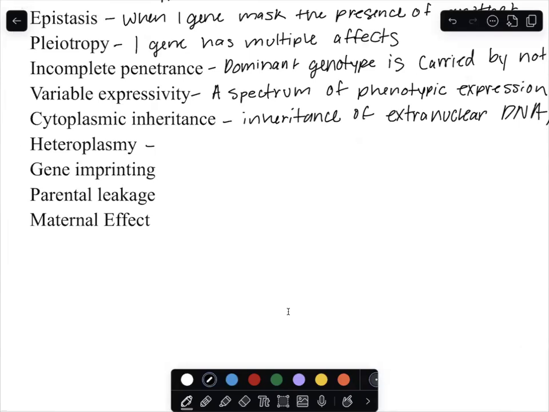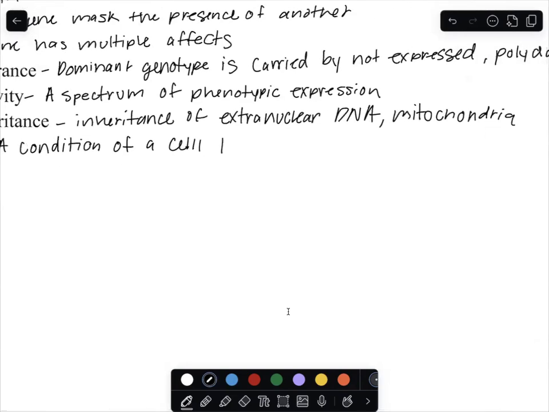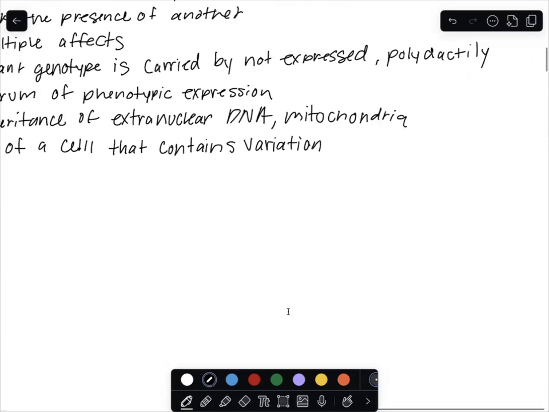So heteroplasmy is a condition of a cell in a particular organelle.